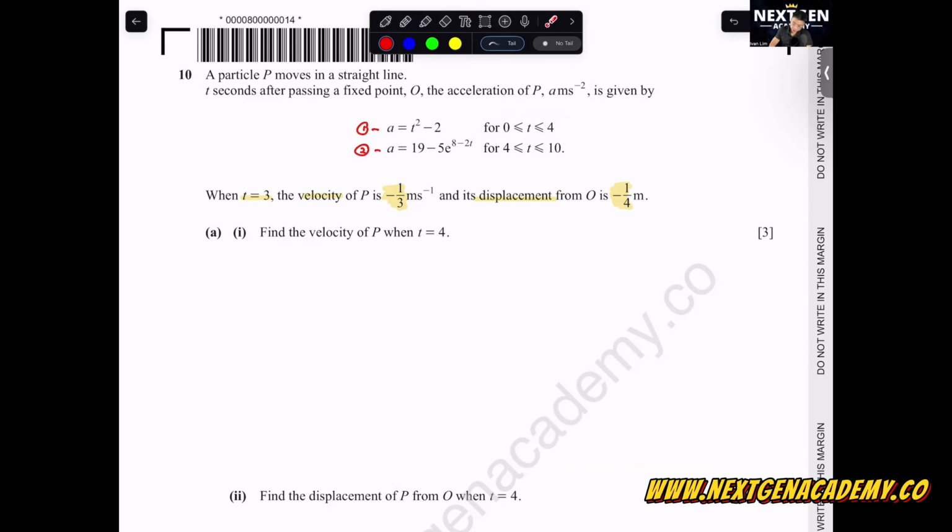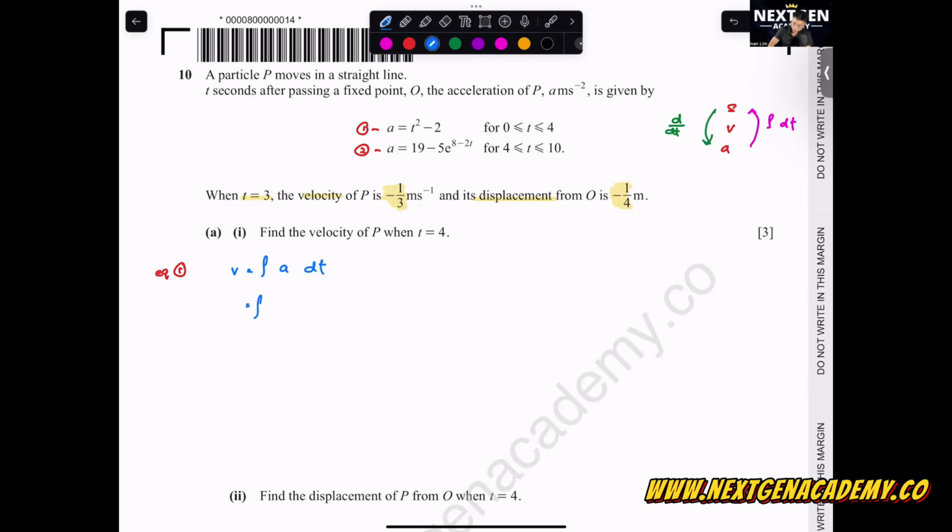But now at the start they give us t equals 3 first, so we will take equation 1. v is equal to the integral of a dt. What do we need to write first? SVA: going down, you differentiate with respect to t, going up, you integrate dt.